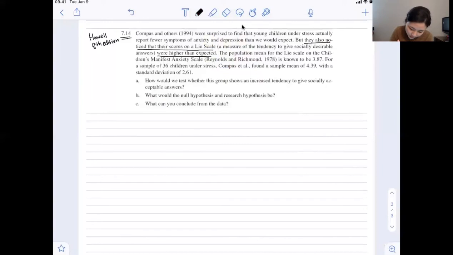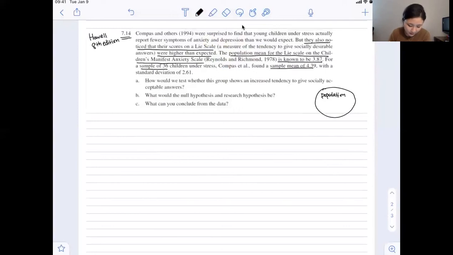The population mean for the lie scale on the Children's Manifest Anxiety Scale is known to be 3.87. We have a sample of 36 children under stress, and their sample mean is 4.39. So there might be a population, which is all children's lie scale scores.